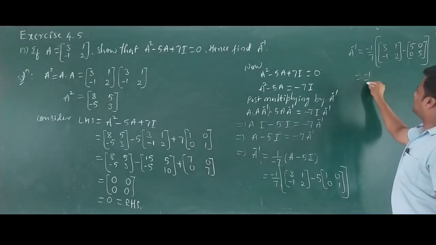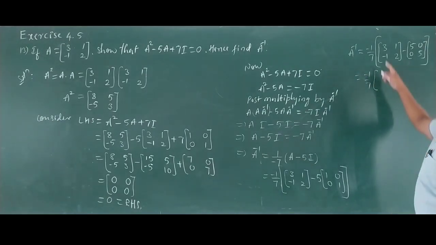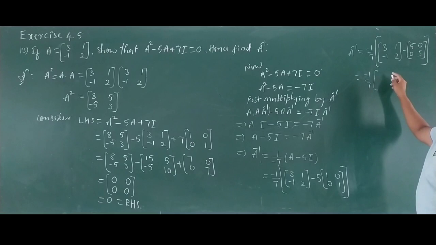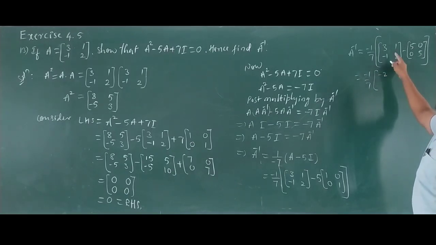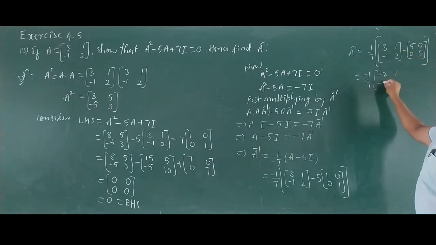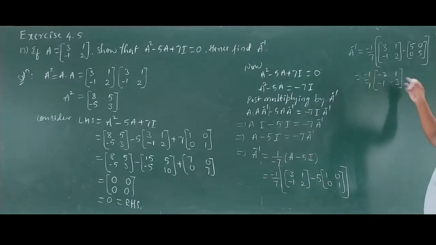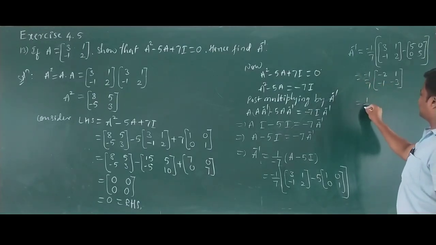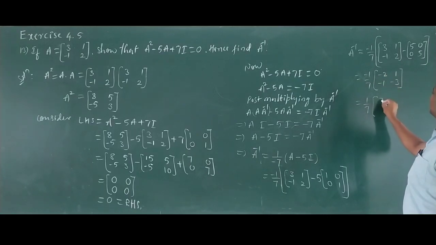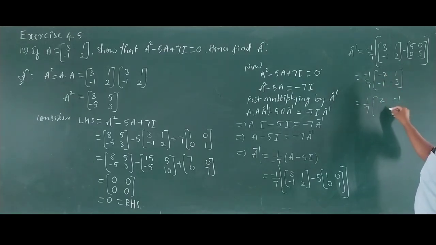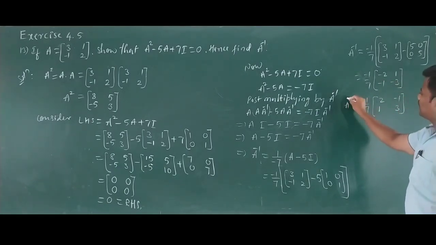This goes to minus 1 by 7 into 3 minus 5 is minus 2, 1 minus 0 is 1, minus 1 minus 0 is minus 1, 2 minus 5 is minus 3. So minus 1 by 7 times this equals 1 by 7 into 2 minus 1 1 3. This is your A inverse.